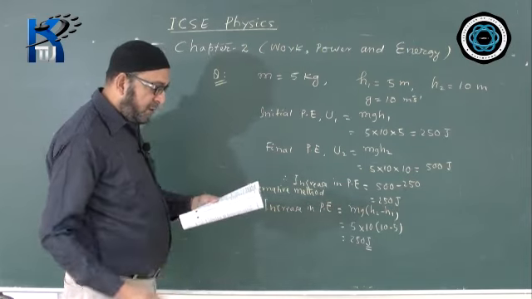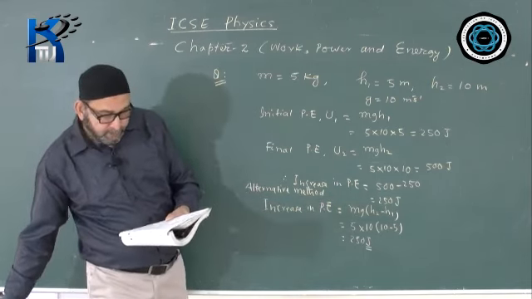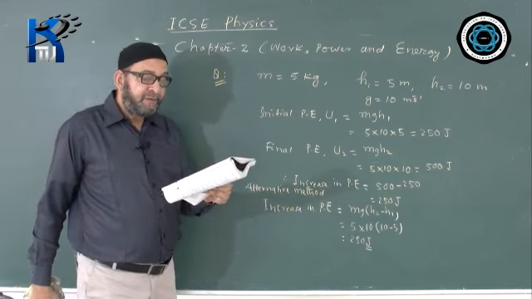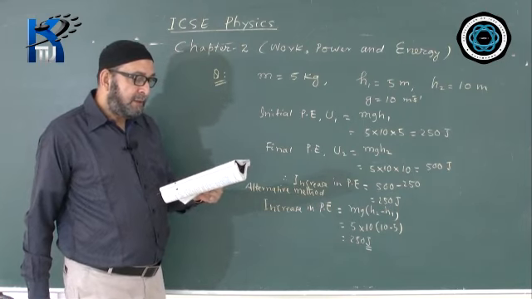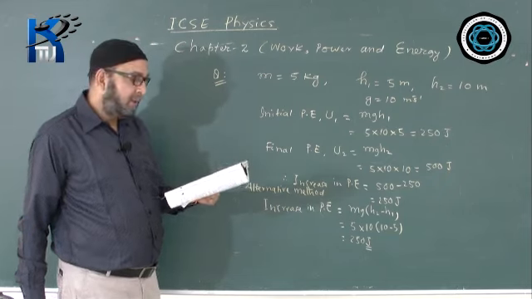Now the other question says, a body of mass 1 kg falls from a height of 5 meter. How much energy does it possess at any instant?